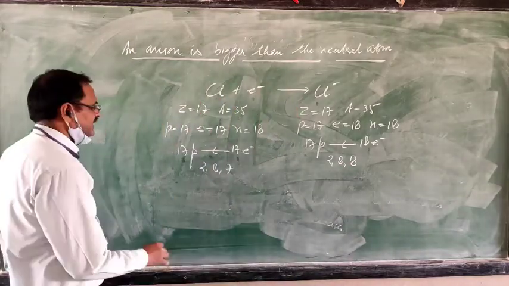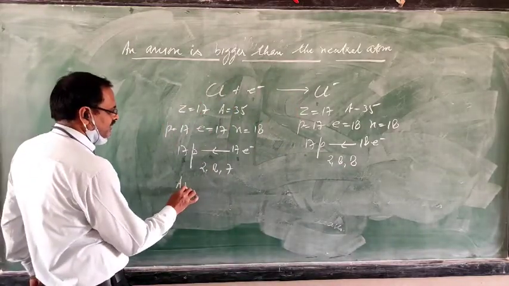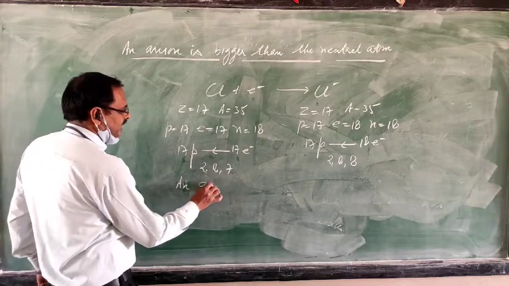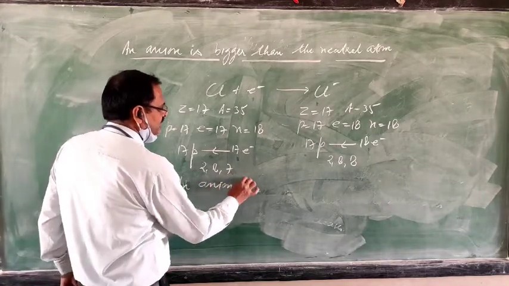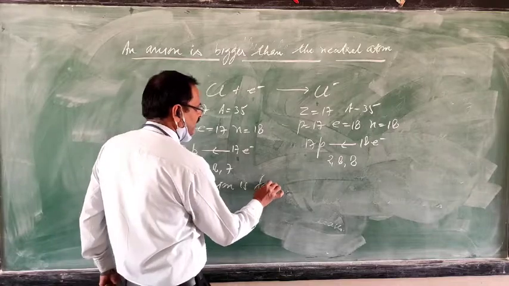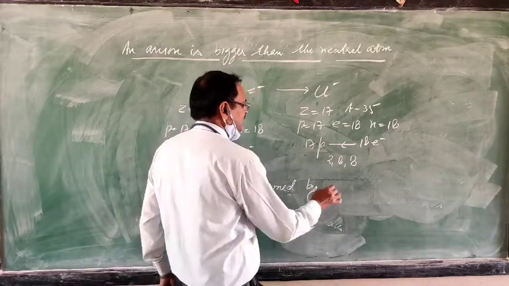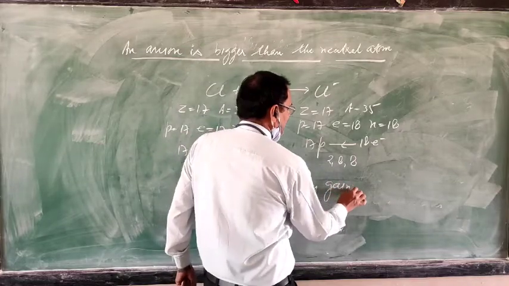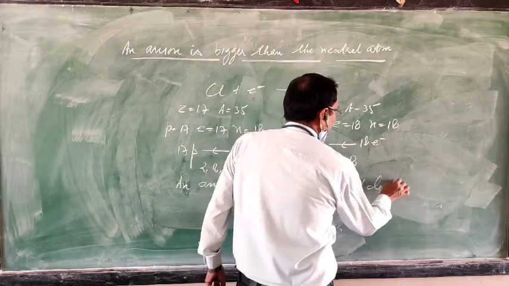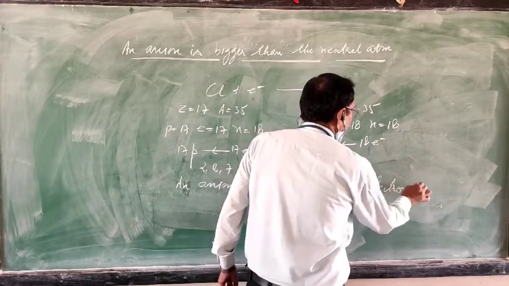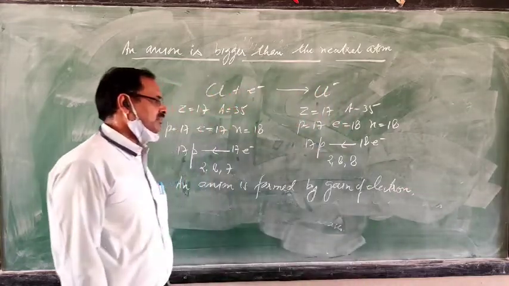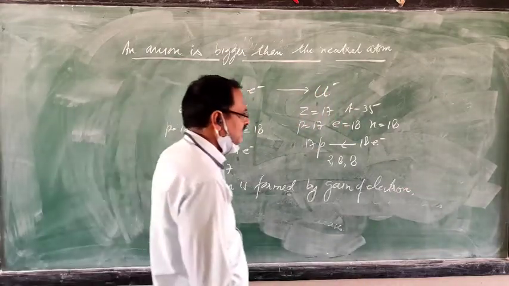So what expression will we write? An anion is formed by gain of electron.